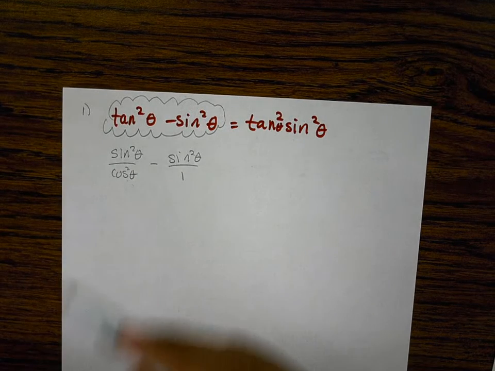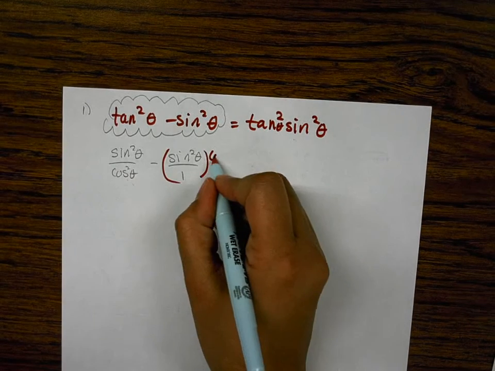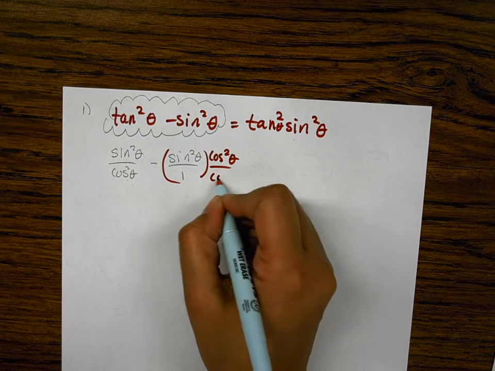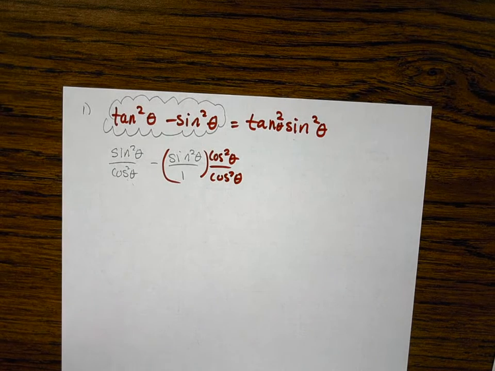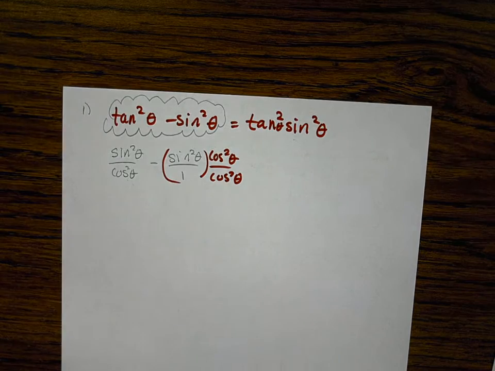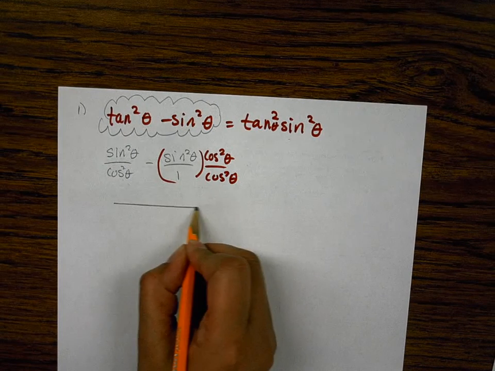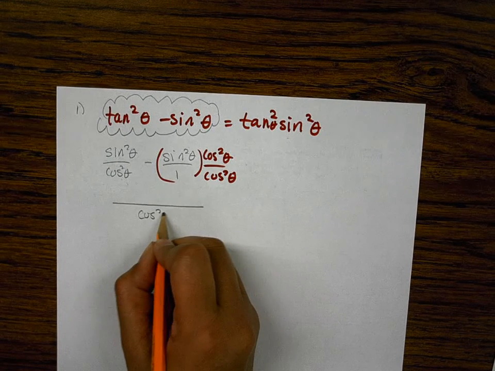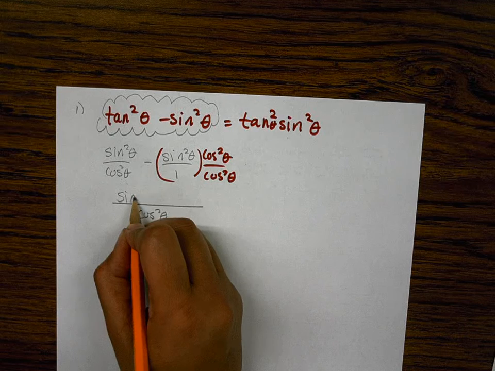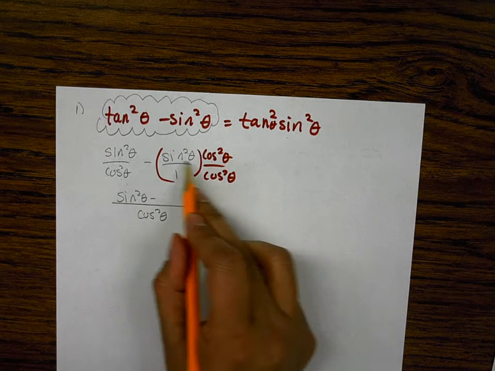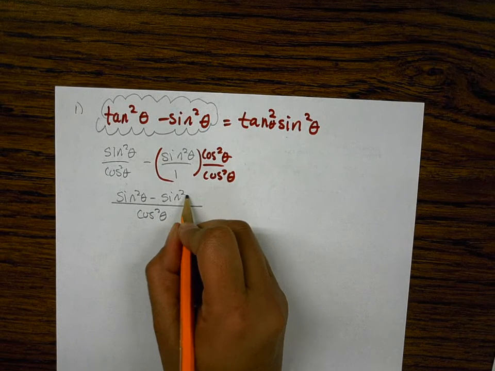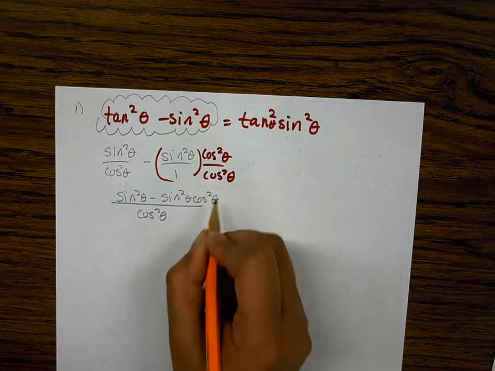But I can multiply this second fraction, top and bottom, by cosine squared theta so that I can have a common denominator, so that I am able to write them as one fraction. Cosine squared at the bottom, sine squared stays sine squared, take away the product of sine squared theta and cosine squared theta.